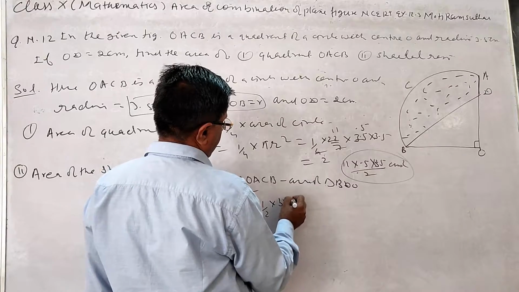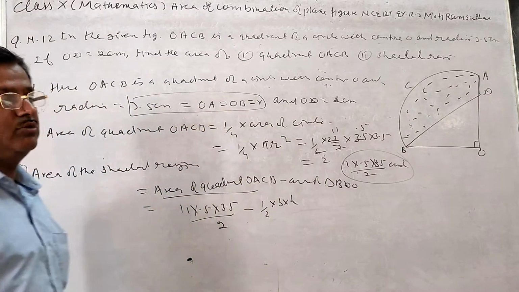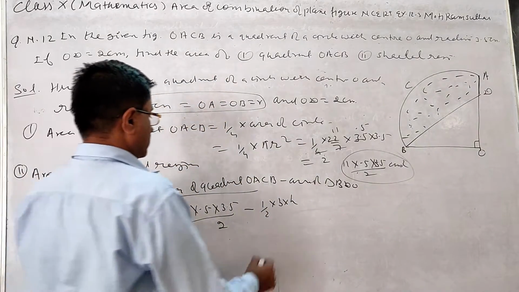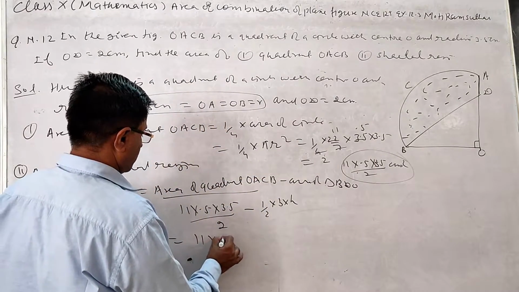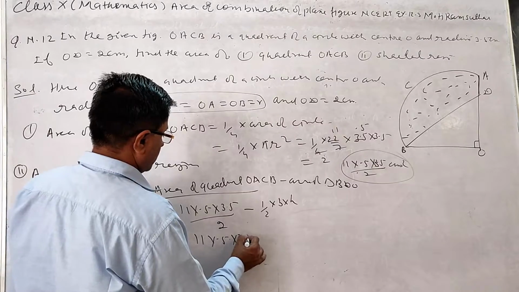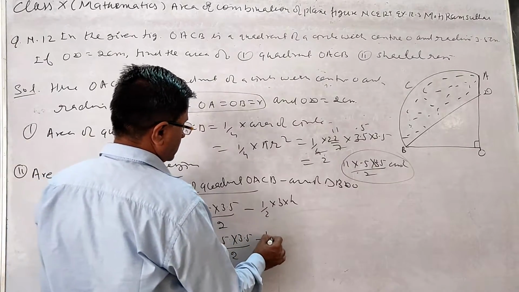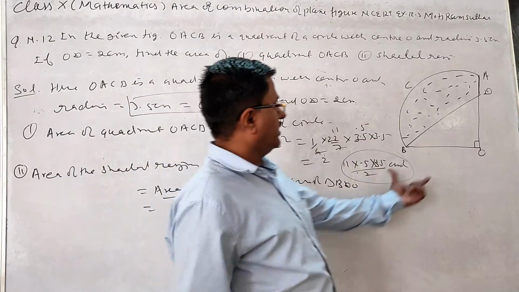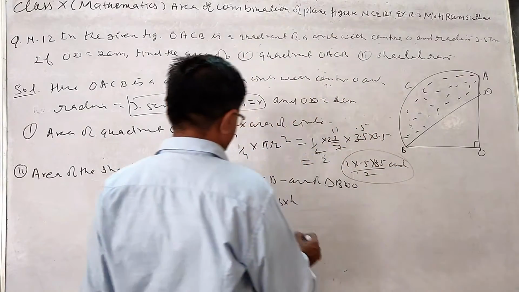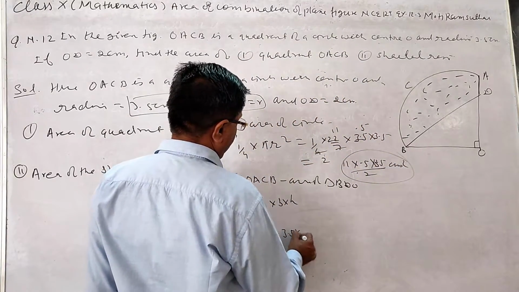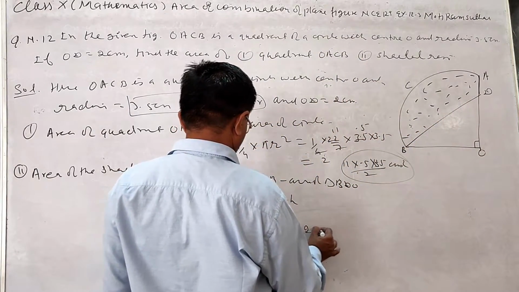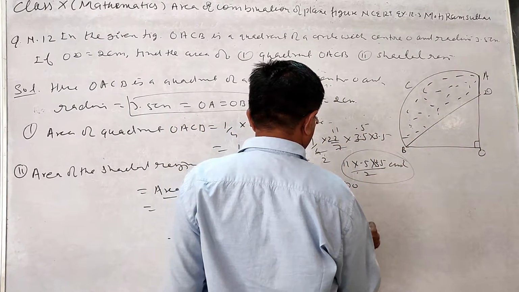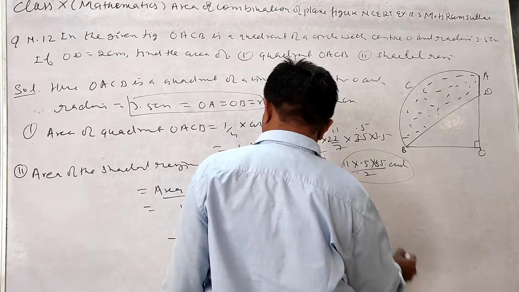This triangle is a right triangle. So 1/2 base into height. So this can be written as 11 into 0.5, 3.5 by 2 minus 1/2. Here base, that is PO, which is 3.5 as a radius, and height, this, that is already given 2. So you may take 1/2, 3.5 as common.